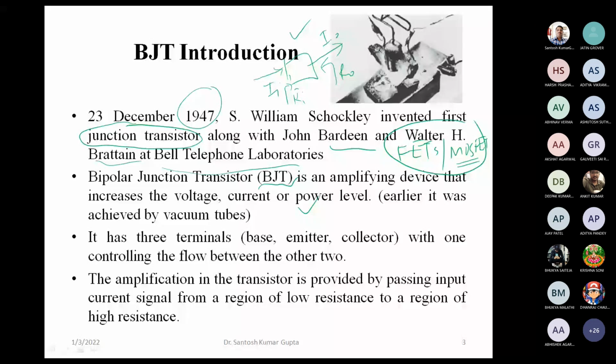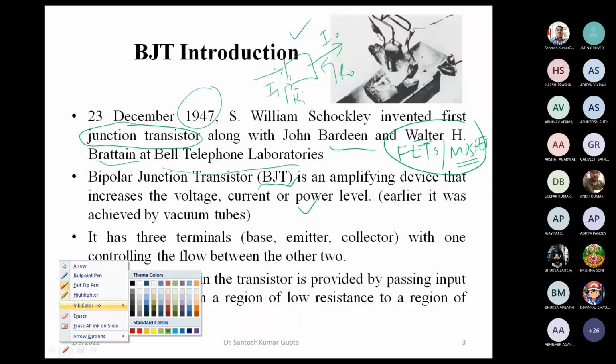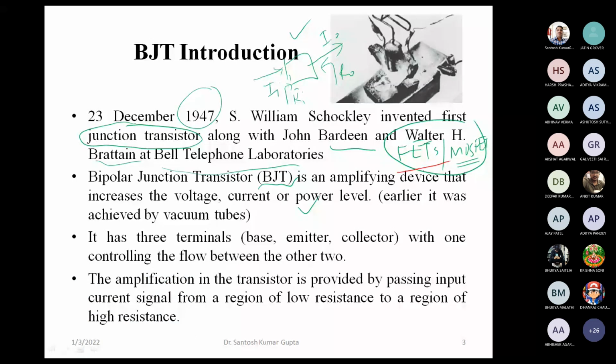But we should note one very interesting fact about the transistors: even though the BJT was invented first, in 1947, and these FETs and MOSFETs were actually invented in the 60s, 1959 I think, the concept of MOSFET was first put forward before the BJT concept.